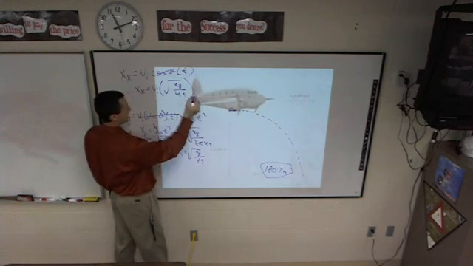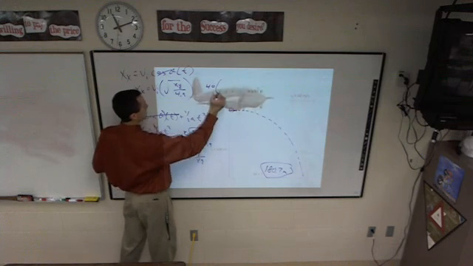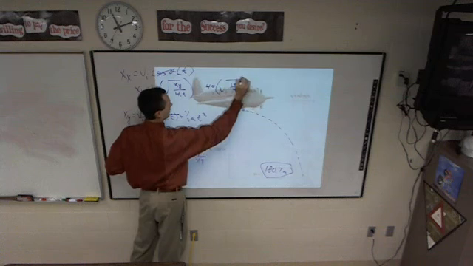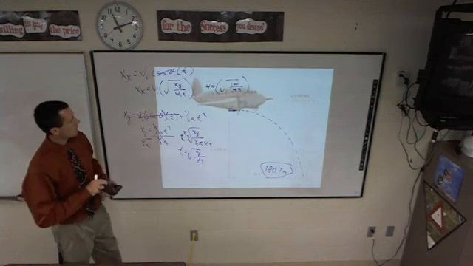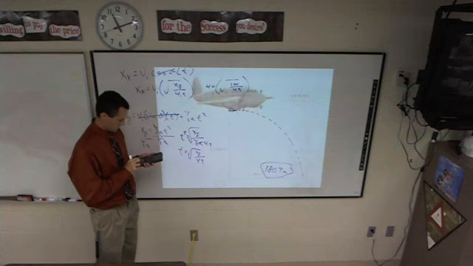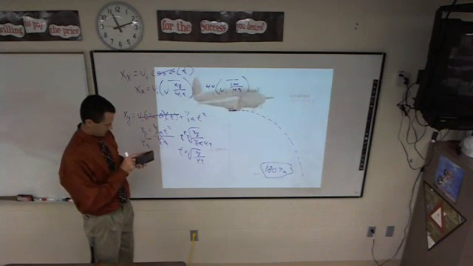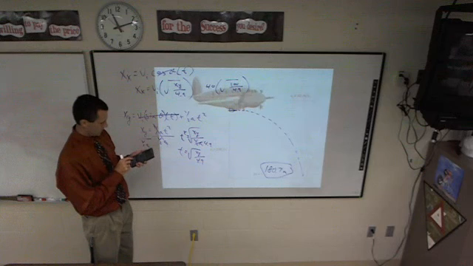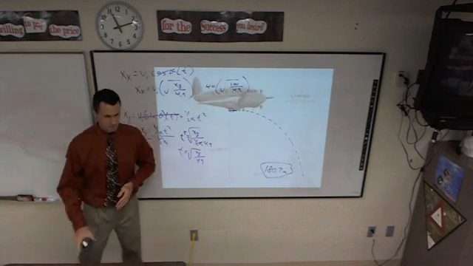X of x equals vi, which is 40, times the square root of x of y, which is 100, divided by 4.9. 100 divided by 4.9. Square root that answer. Times 40. And we get 180.7 meters.